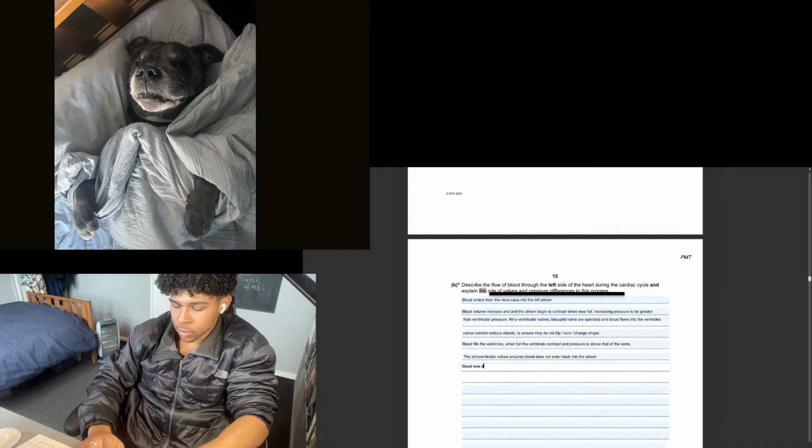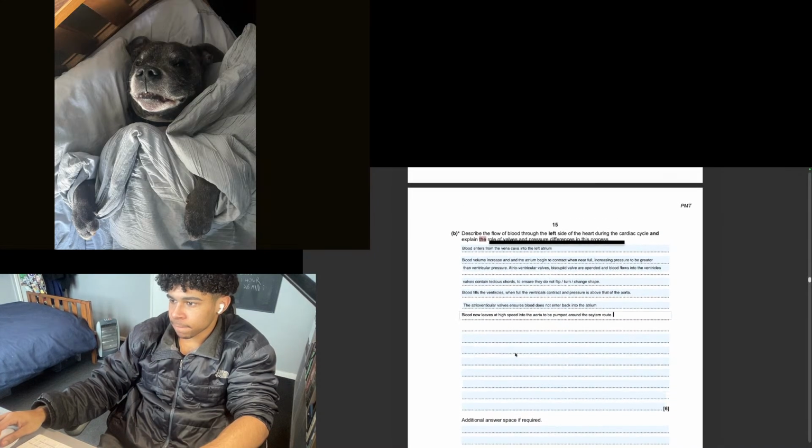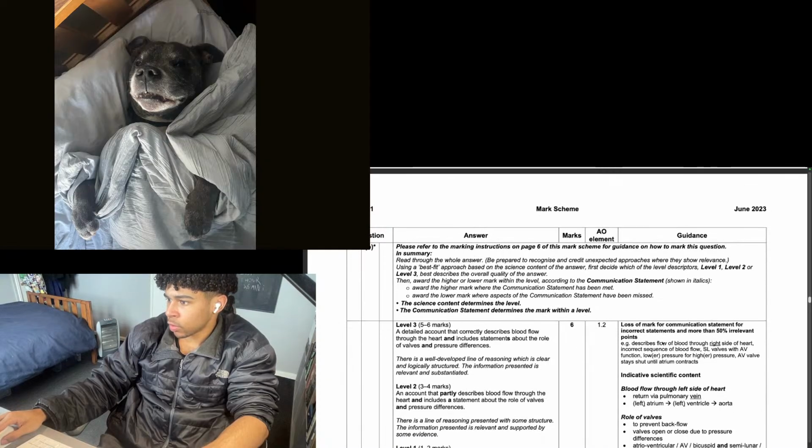Blood now leaves at high speed, not velocity, into the aorta to be pumped around the systemic route. That would expand out to enough in words: flow of blood, and include statements about roles and blood and pressure difference.